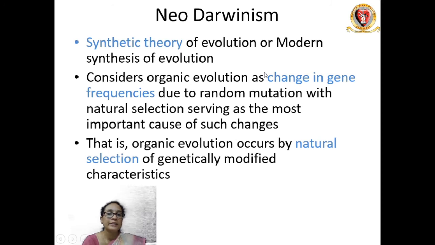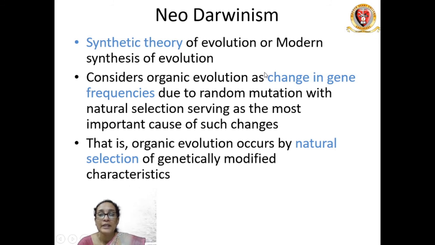So now we looked at the different examples of Darwin. Now there was a lot of criticism against Darwin, but there were again people who supported Darwin, and they were called the neo-Darwinists. And they proposed what is called the synthetic theory of evolution, or the modern synthesis of evolution. Now when Darwin was there, he did not know about Mendel or Mendel's work on factors that are inherited, so he was not able to explain a lot of his postulates.